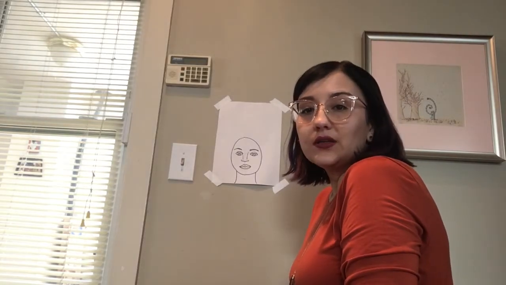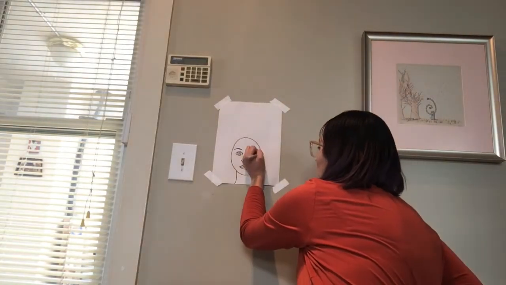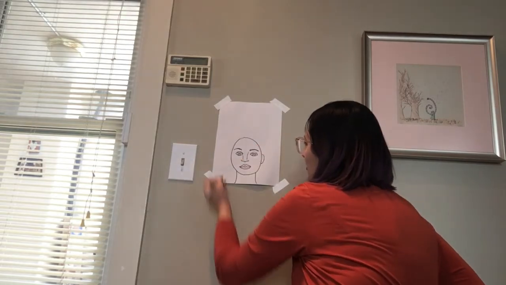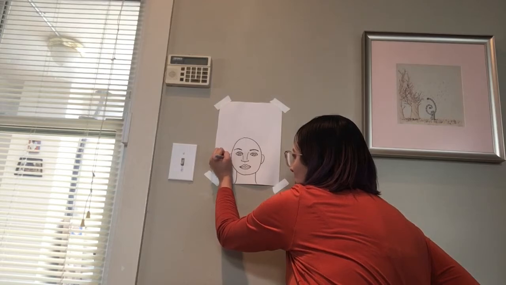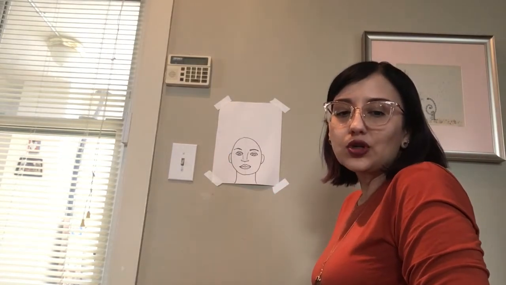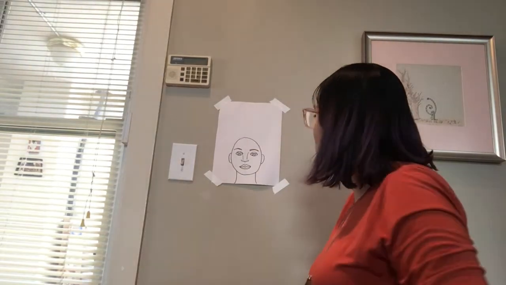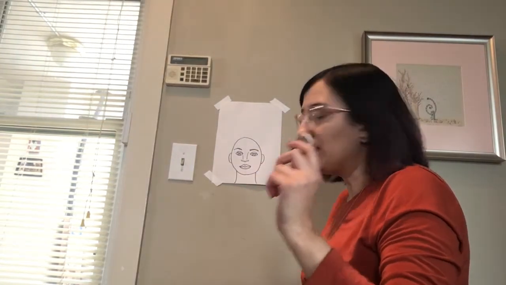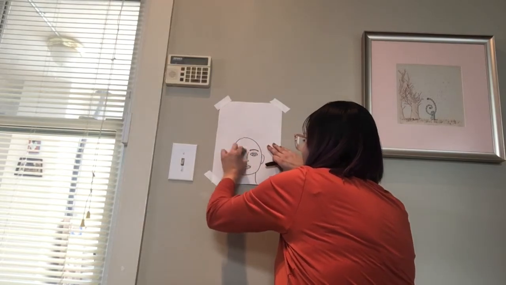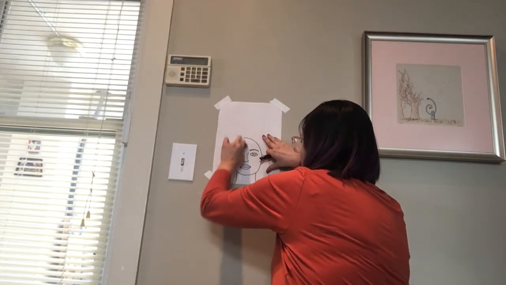If you do draw ears, the top of your ear starts at your eye line and it goes down to about where your nose goes. So like that. Okay, so there is a basic portrait, a basic face. Now I'm going to take my eraser and I'm going to erase those pencil lines, those guidelines, because I don't need them anymore.